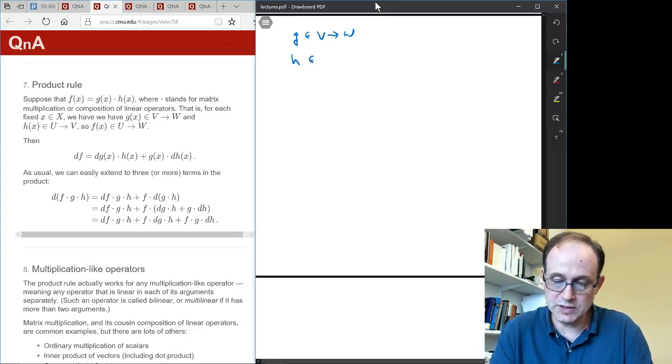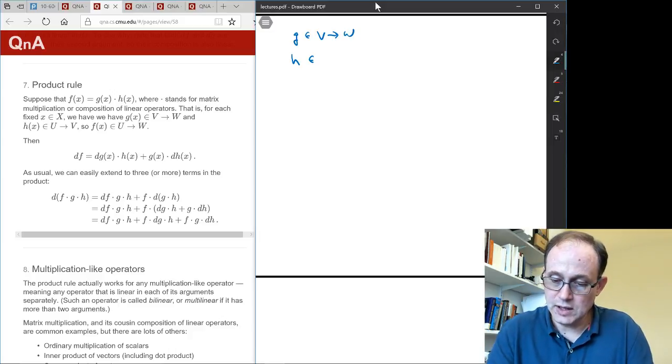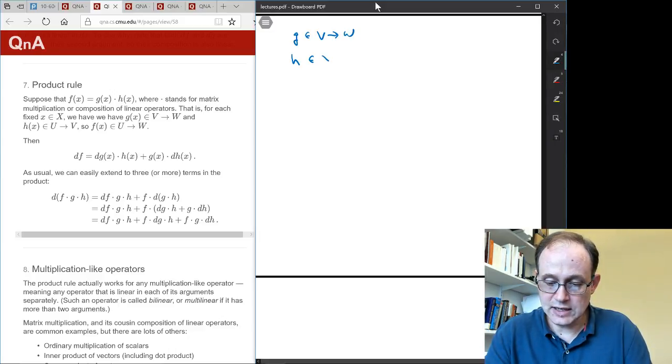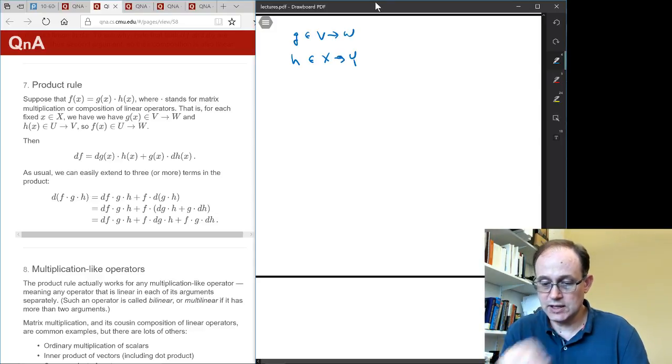We'll make h go from x to y, in a different vector space.